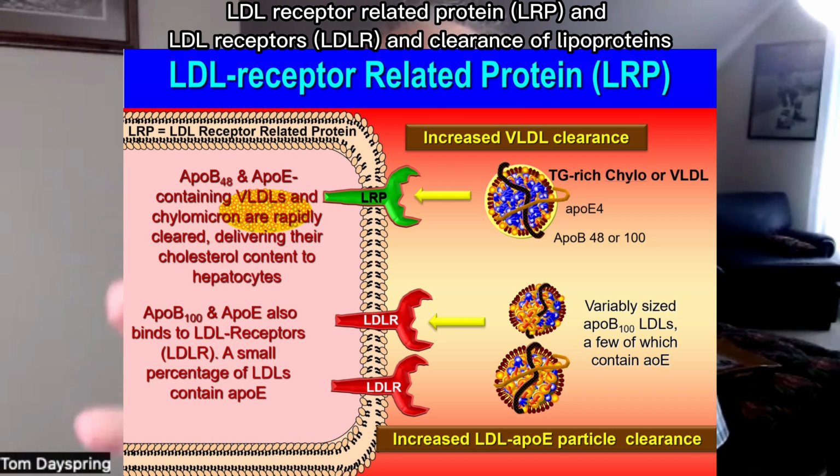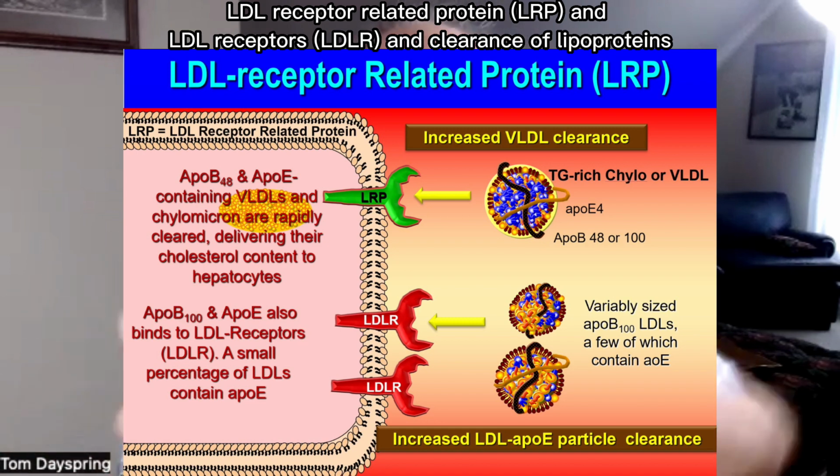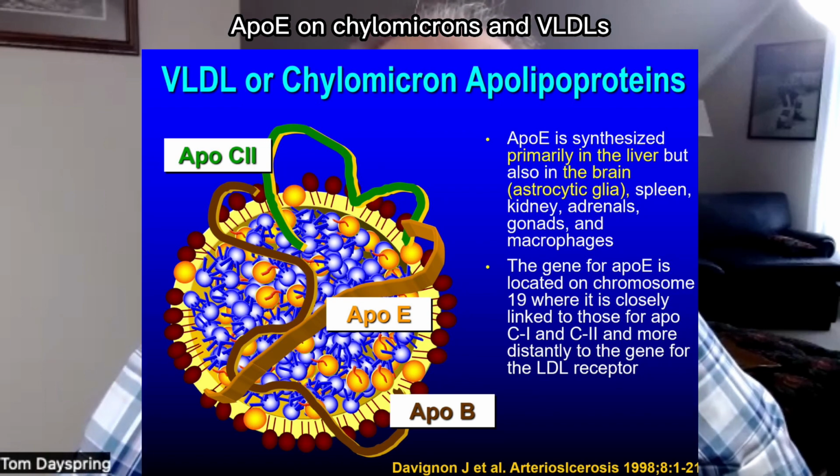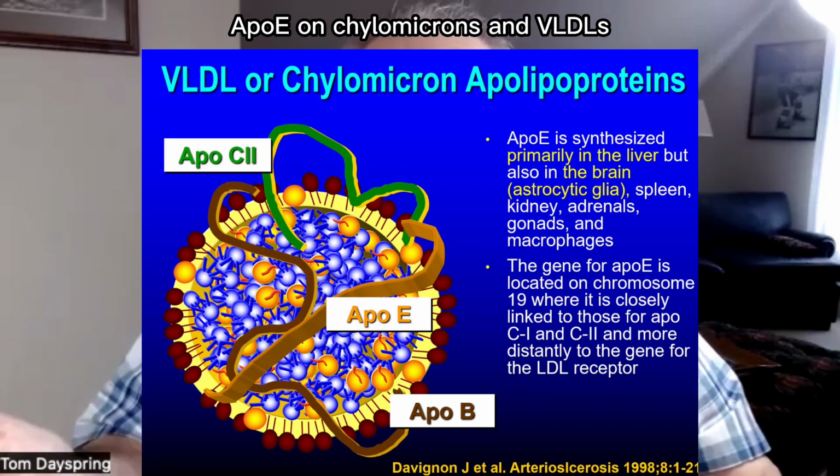So if I make this LDL receptor-related protein in the liver and it sticks out, what is it on the VLDLs and the chylos that the receptor binds to so it can internalize the particle? Believe it or not, now I have to teach you another surface apoprotein, Apolipoprotein E. There are multiple copies of ApoE on chylomicrons and VLDLs. You're going to find out there are no copies of ApoE for the most part on LDLs. So we'll get to that.